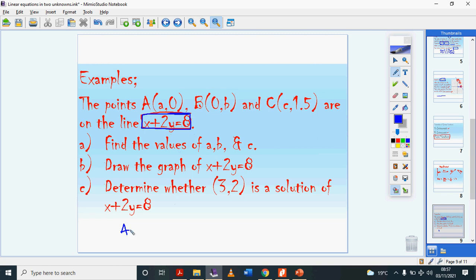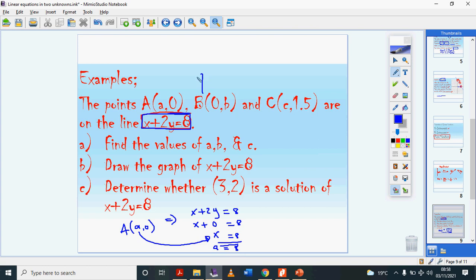For point A, I've been told that the point is (a, 0). I know that the y value is 0, so I go to my line. My equation is x plus 2y is equal to 8, and where I have y, I'll put 0. When I put 0, I hope you can see that x is 8. Since this x represents the a value, the a value is 8.